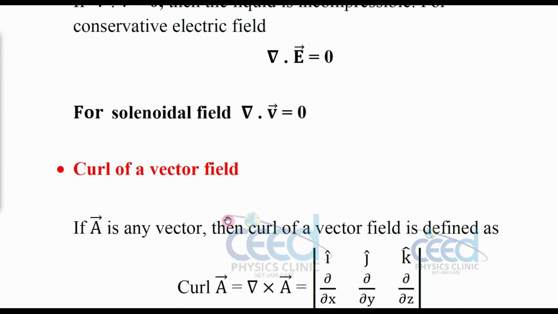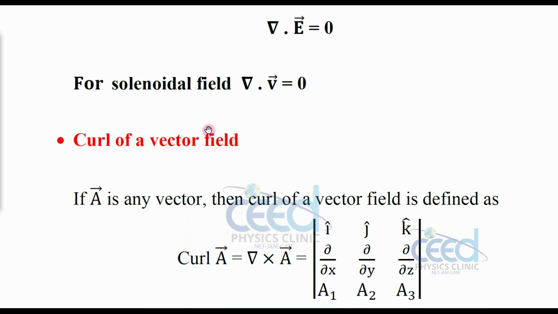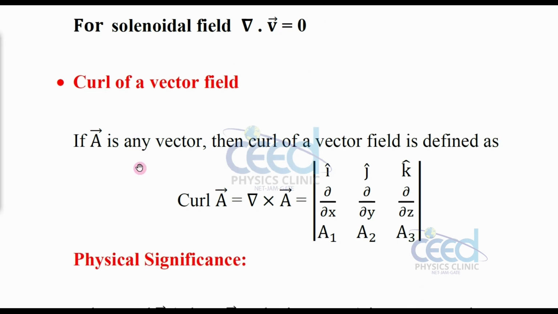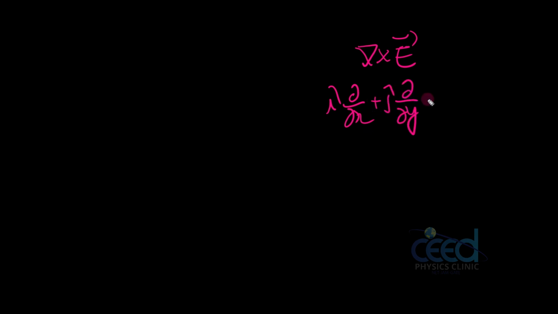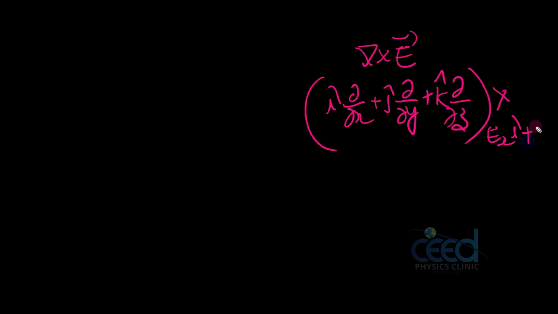Now let us go to curl of a vector field. We can go to the physical significance also. So what is curl? Let us go to the blackboard. Curl is represented by del cross E. Del is i cap dou by dou x plus j cap dou by dou y plus k cap dou by dou z, and E I can write as Ex i cap plus Ey j cap plus Ez k cap.